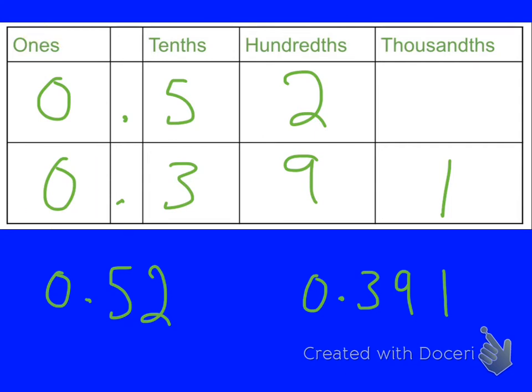No, because they're equal, they're both zeros. Can we determine from the tenths, is 5 tenths bigger or 3 tenths bigger? Yes, we can tell here the 5 is bigger than the 3, which makes 52 hundredths more than 391 thousandths. And again, if we fill in our empty place value with the 0, 520 thousandths is more than 391 thousandths.